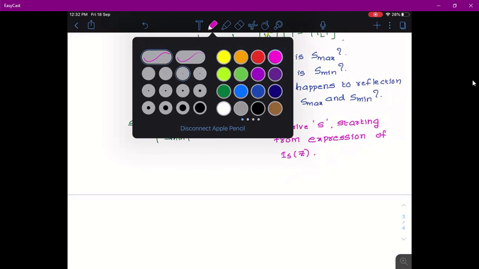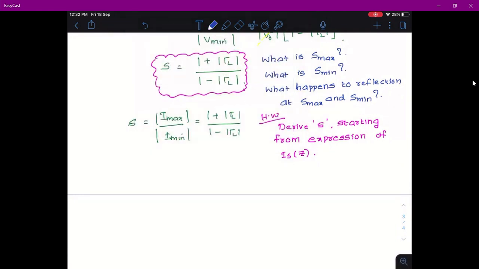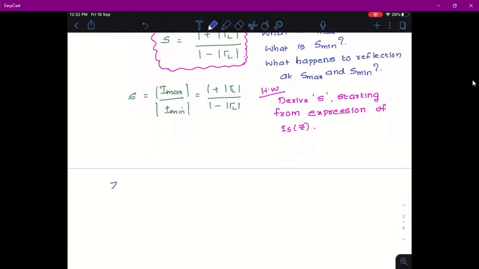Now, we can represent the maximum impedance in terms of VSWR. The maximum impedance Z max. Z is actually the ratio of voltage and current. So, if you want maximum impedance, you should have maximum voltage and minimum current. If current is minimum, this value will be maximum. If V max is maximum, this also will be maximum.